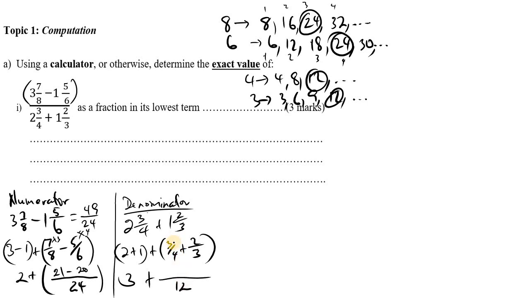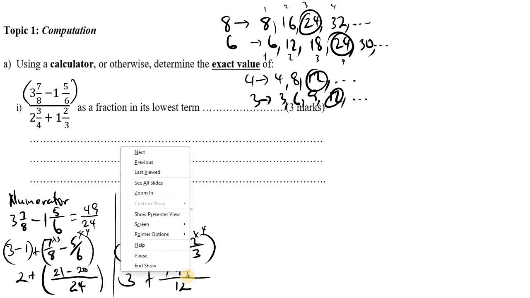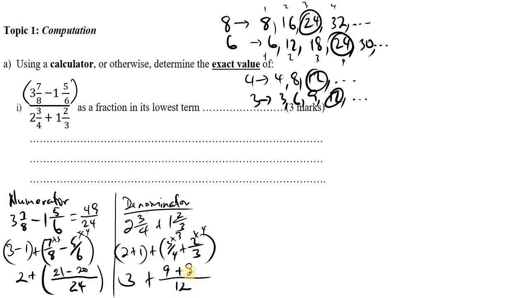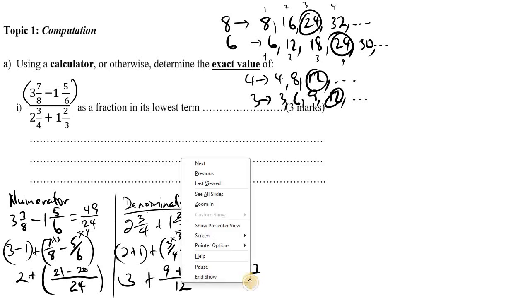4 goes into 12 3 times, so 3 times 3 is 9. 3 goes into 12 4 times, so 4 times 2 is 8. And now 9 plus 8 is 17. So that's going to be 3 plus 17 over 12.